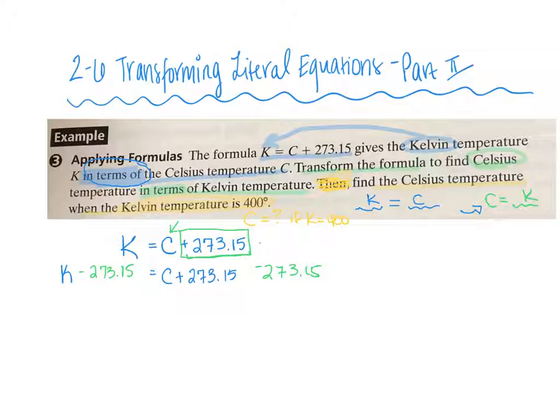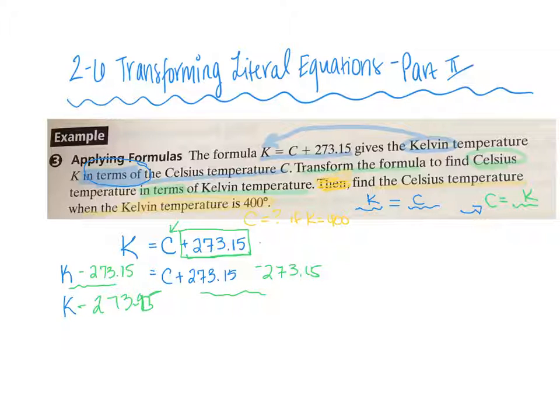Remember that what I do to one side, I have to do to the other. So I'm going to subtract 273.15 from Kelvin over here on this side, and I'm going to subtract it over here on this side. All right, let's go ahead and simplify this. K minus 273.15.